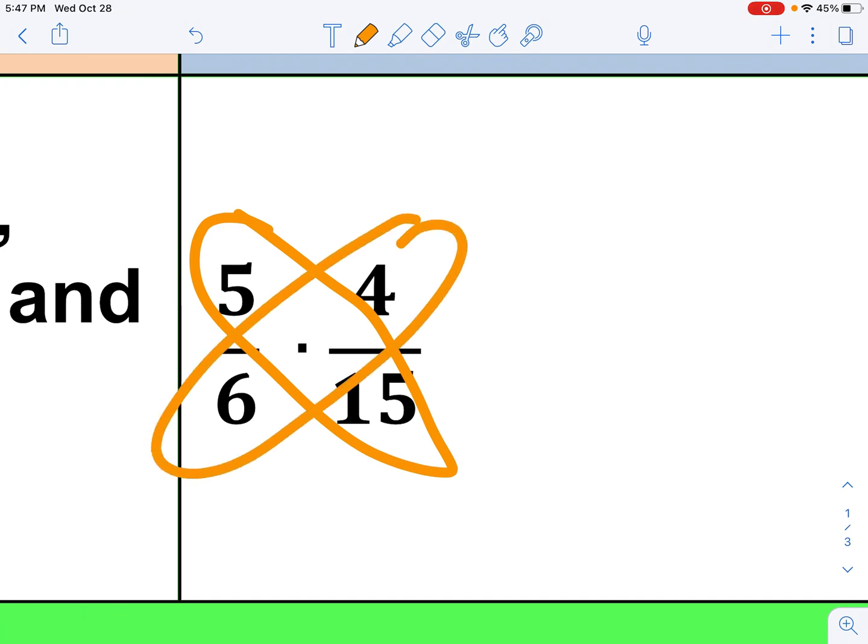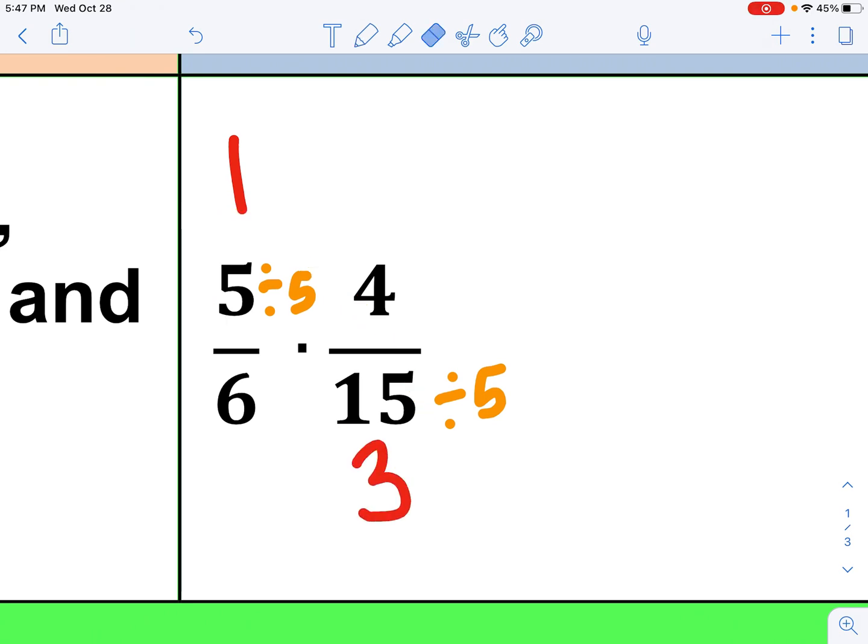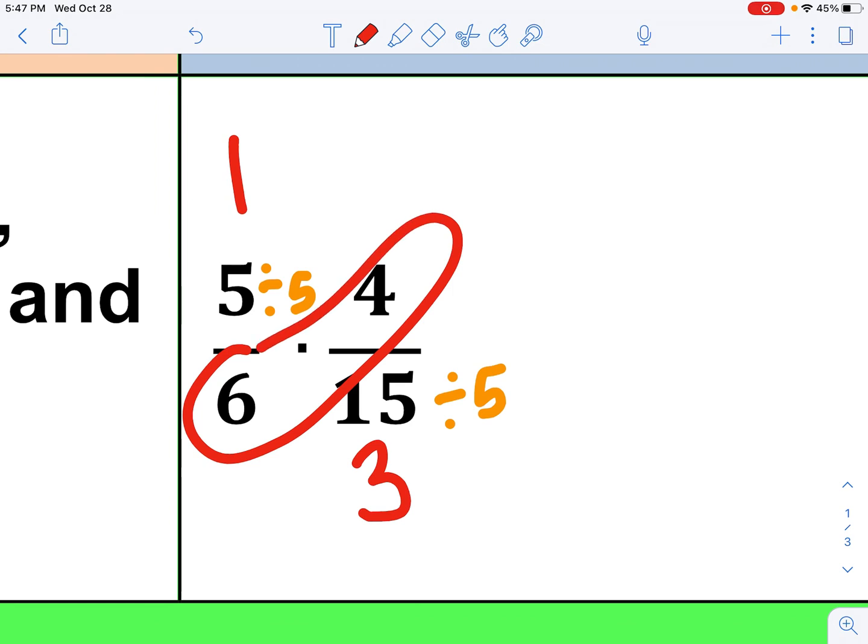We always simplify by going cross, like cross multiplication, like our butterfly method. So when we look at 5 and 15, can I simplify 5 and 15? Right, I can. I can divide both of them by 5. So 5 divided by 5 is 1. 15 divided by 5 is 3. Good.